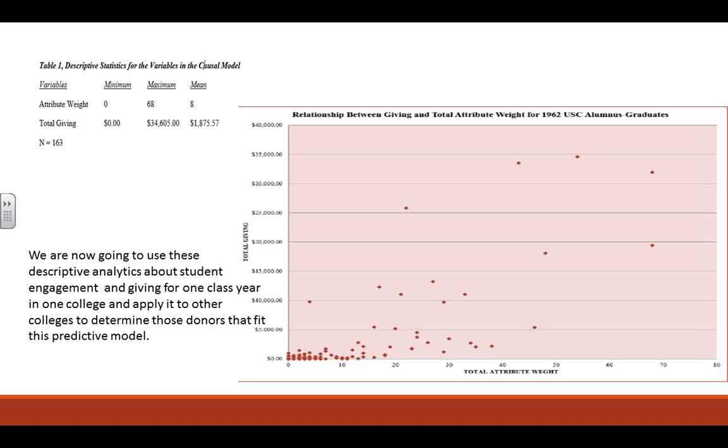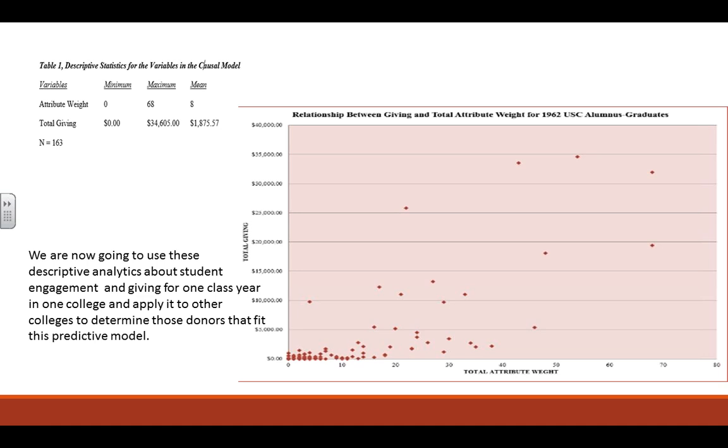And 62 is about the right age range of people who will have been making major gifts. So we wanted to see if having this engagement as a student and or as an alumnus would affect their giving patterns.